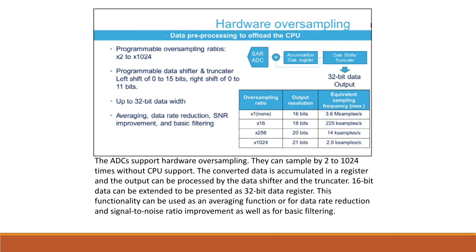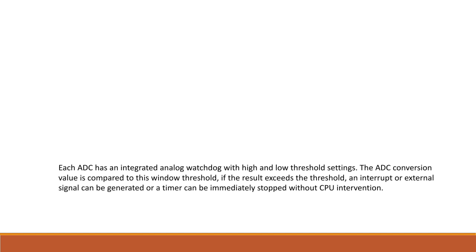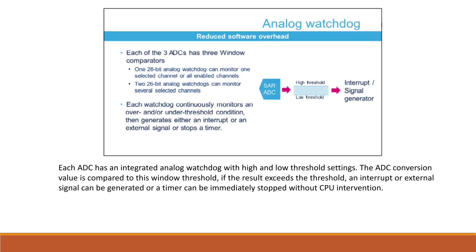Let's see the three window comparators. The analog watchdog reduces software overhead. Here you can see the SAR ADC, high threshold or low threshold, and the interrupt signal generator. Each of the three ADCs has three window comparators. One 26-bit analog watchdog can monitor one selected channel or all enabled channels.